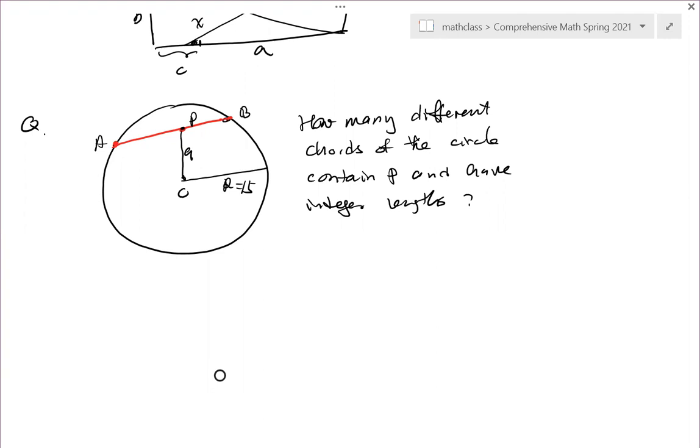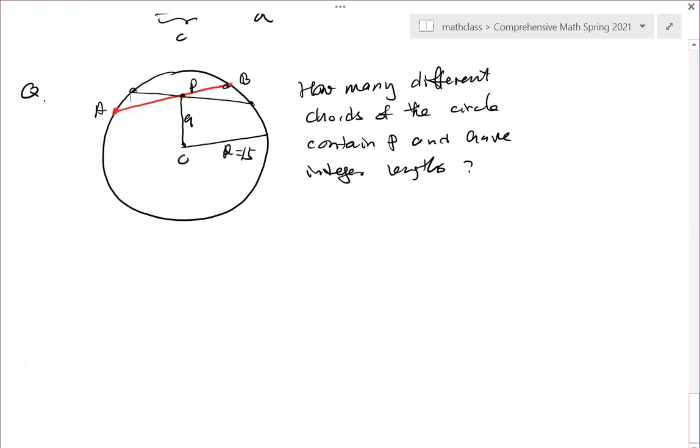And by the symmetry, if AB has integer length, probably this position also has integer length. Most of the time you get a pair of these line segments with the same integer length. Do you have any idea on this problem?